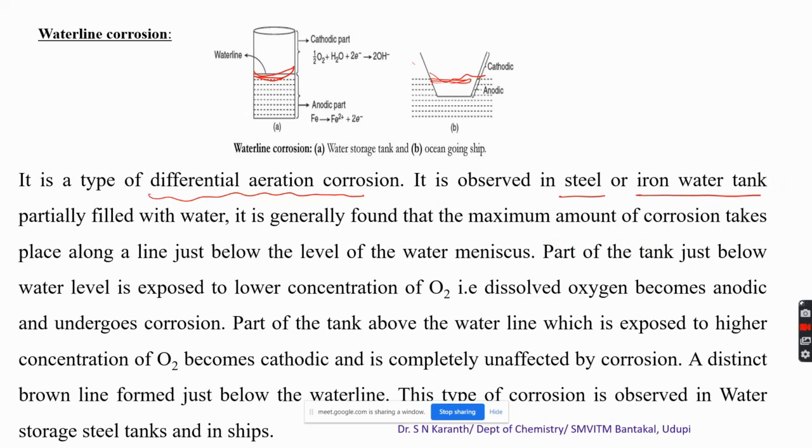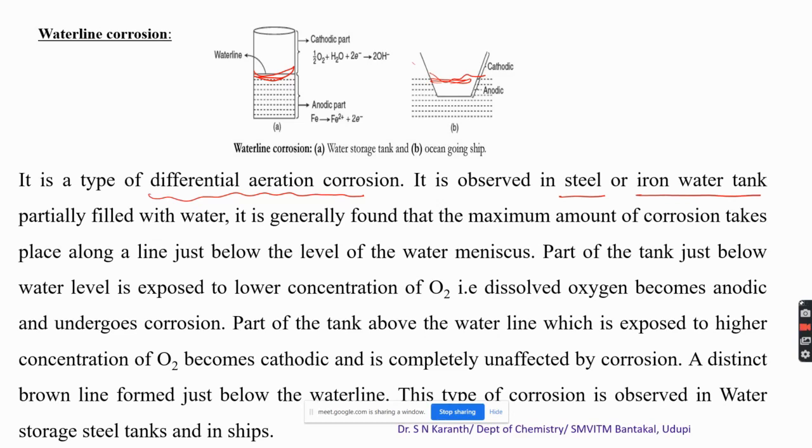In the particular region where the change in the concentration of oxygen is observed, that is where the portion is immersed in water, at that boundary the corrosion takes place, because the variation in the concentration of oxygen is observed, whereas the other portion is either completely exposed to the atmospheric oxygen or completely exposed to the dissolved oxygen.